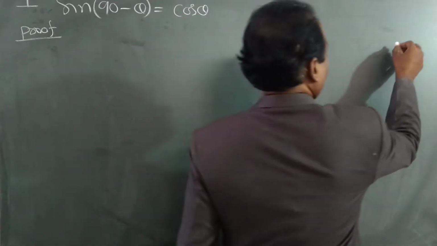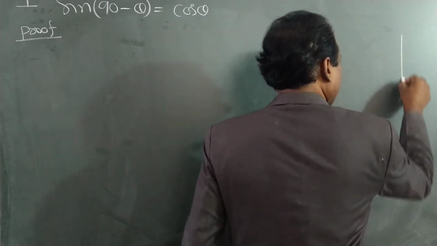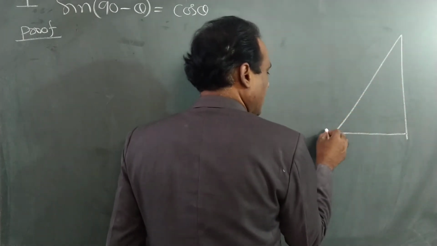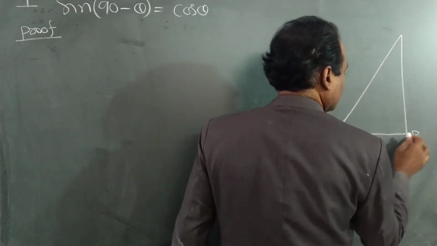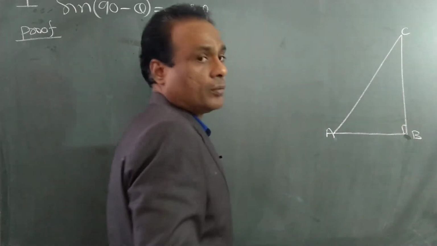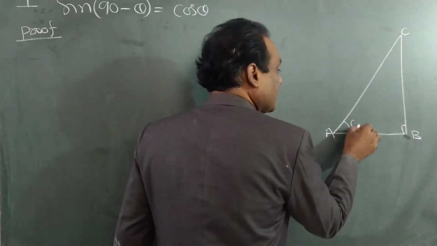See here. Take a triangle. ABC is a triangle. We take a right angle triangle, right angle at B. Let this angle be theta.